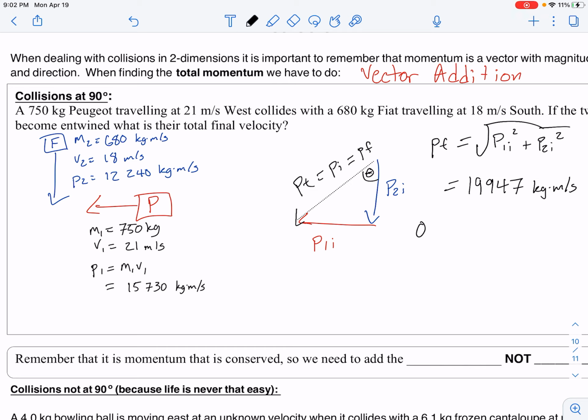Now, in this case, because we know two sides, neither of them is the hypotenuse, we can use our inverse tangent function. So I do, let's see, opposite over adjacent.